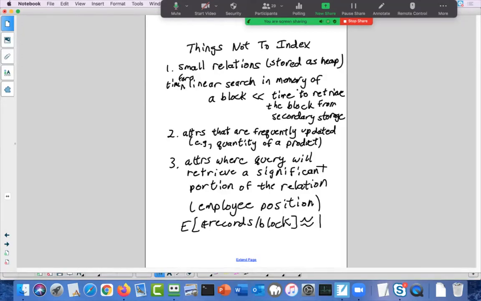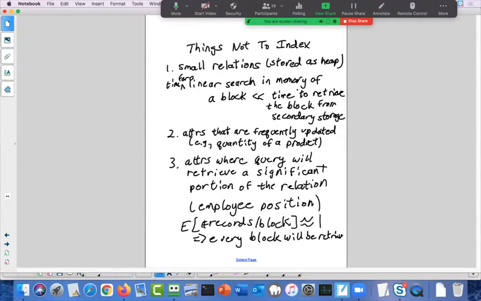Only 1 tuple per block. That's like maybe if there's 100 tuples per block, only 1% of the employees are getting retrieved. But that's not the right way to think about it. The right way to think about it is that implies that every block will be retrieved.